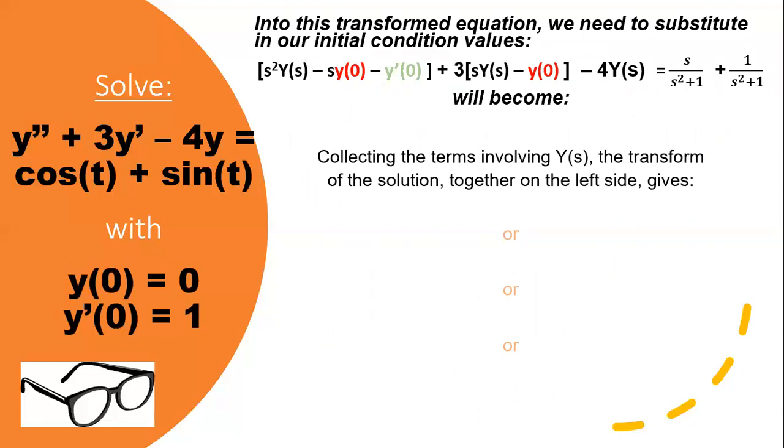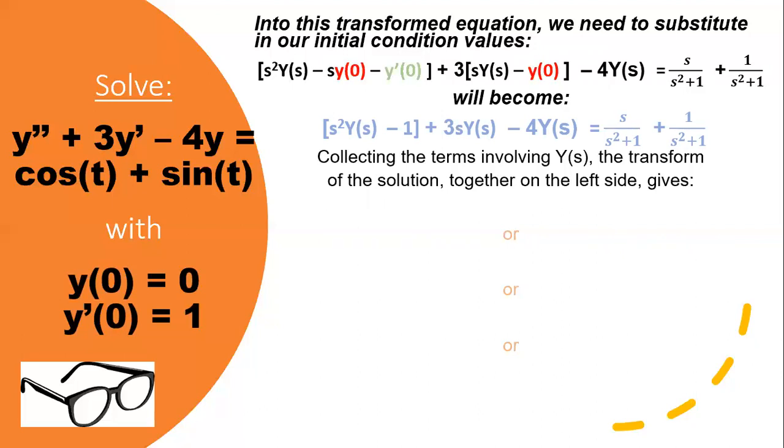There is also one piece involving y prime of 0, and we can substitute in 1 for that. Doing so is going to make the left-hand side become considerably simpler. It'll just become s squared times the transform of y minus 1 plus 3 times s times the transform of y minus 4 times the transform of y. And that will equal the expressions on the right-hand side.